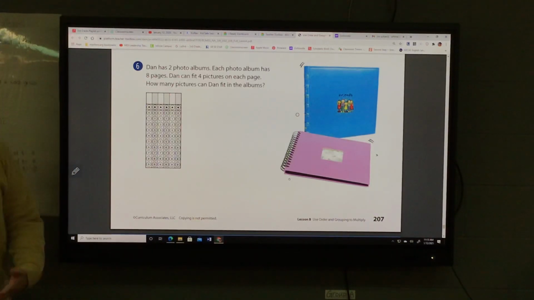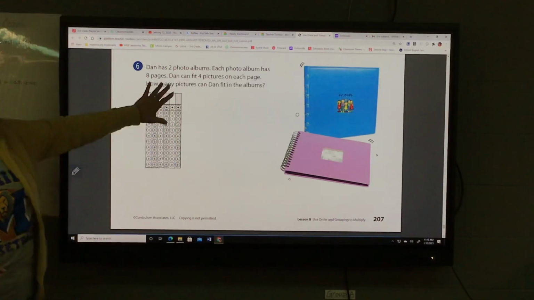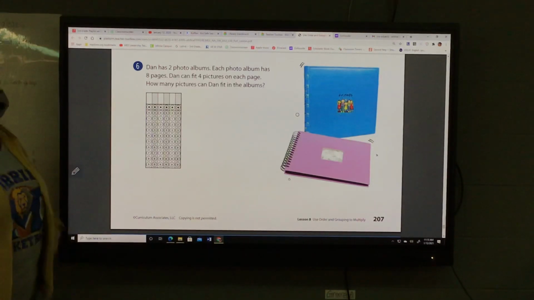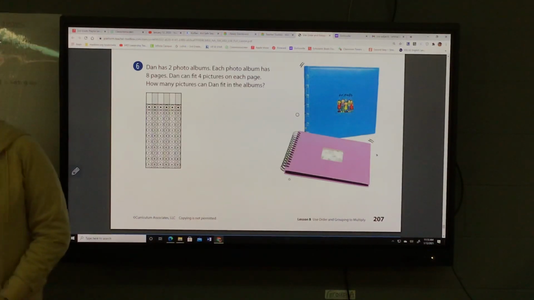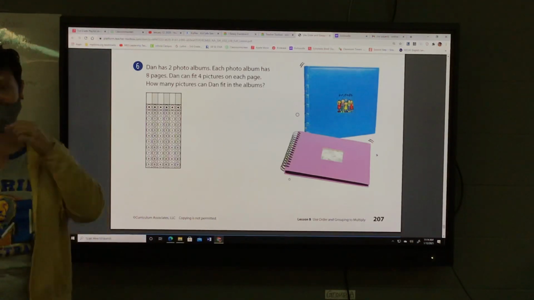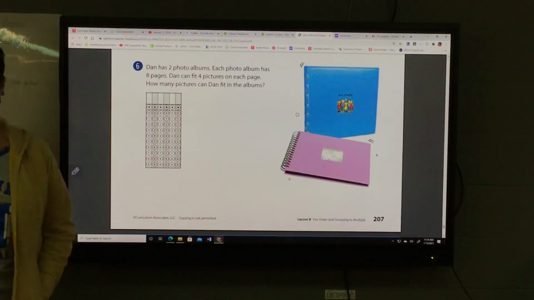I mean, you're going to solve the work on your own, but then I'll show you how this part works, okay? So Dan has 2 photo albums. Each photo album has 8 pages. Dan can fit 4 pictures on each page. How many pictures can Dan fit in the albums?